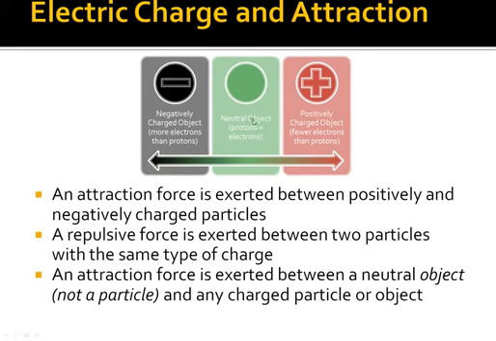Also, an attraction force is exerted between a neutral object and any charged particle or object. So both a negatively charged object or a positively charged object will experience an attractive force with a neutral object. Note that this has to be a neutral object, not a particle, for this to be true.